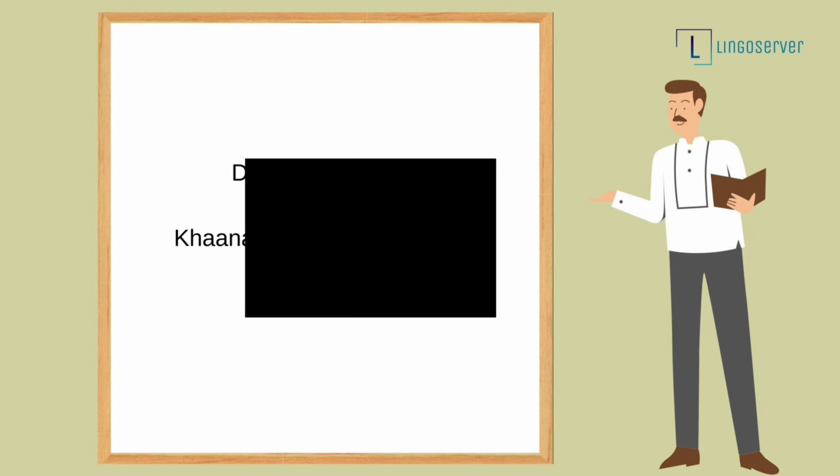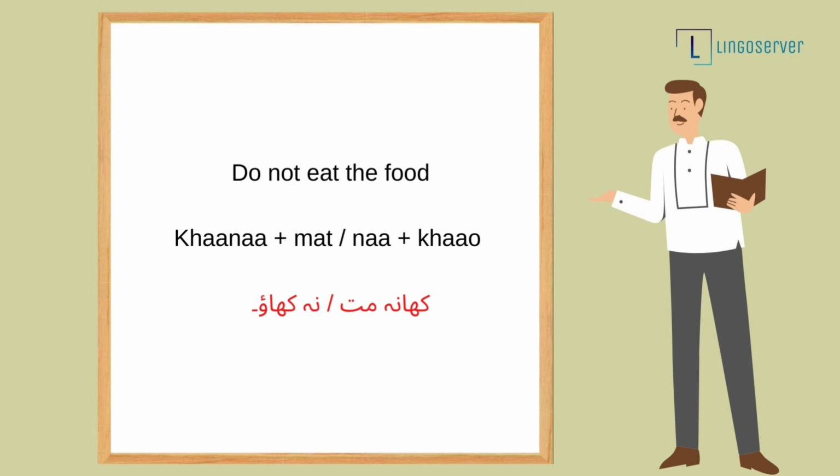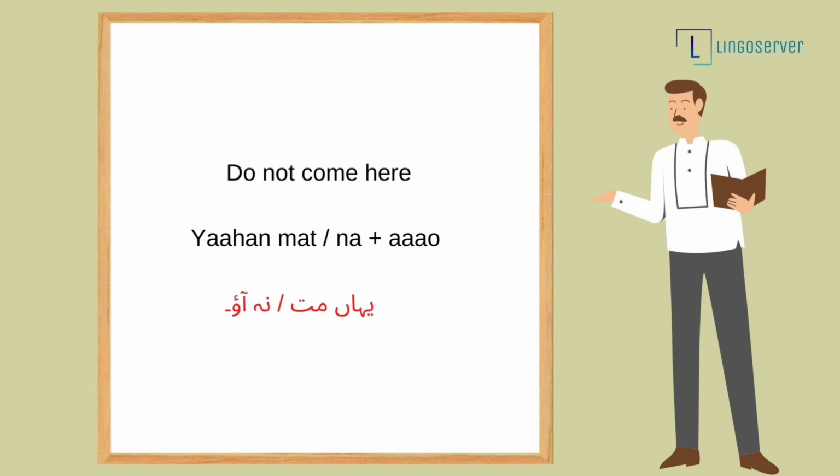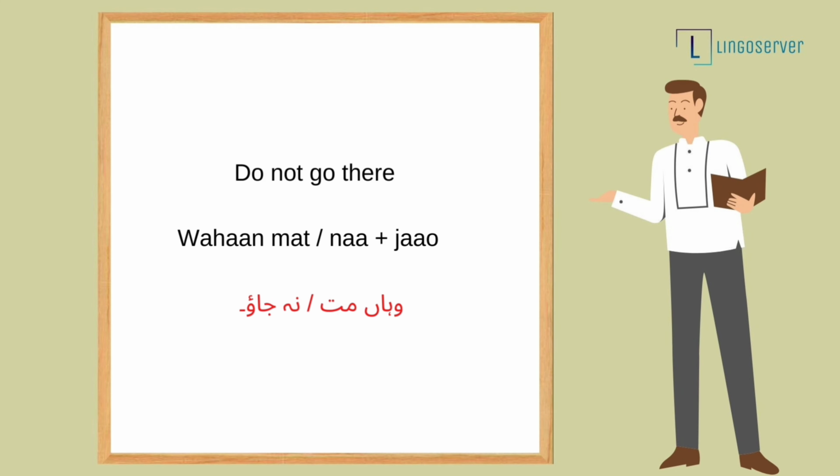The examples are: do not eat the food, khana mat khao, or khana na khao. Do not come here, यहाँ मत आओ, or यहाँ ना आओ. Do not go there, वहाँ मत जाओ, और वहाँ ना जाओ.